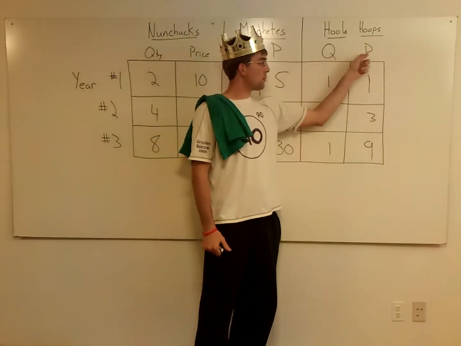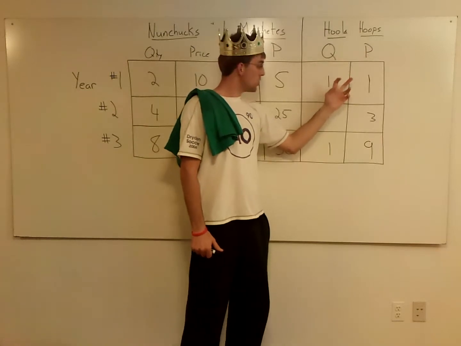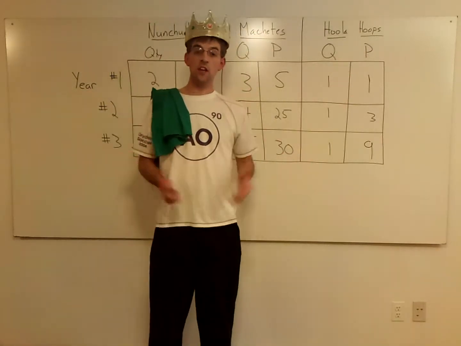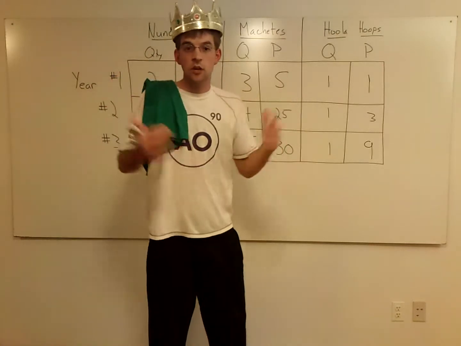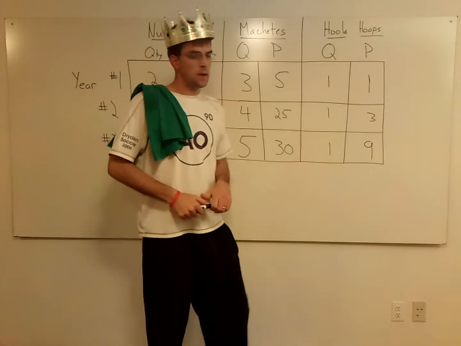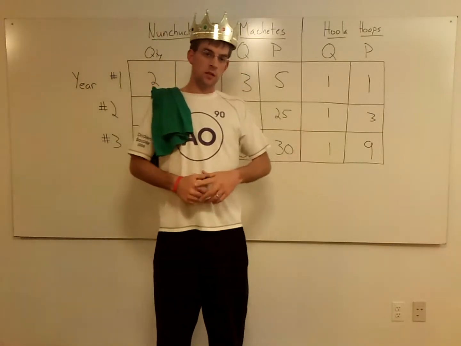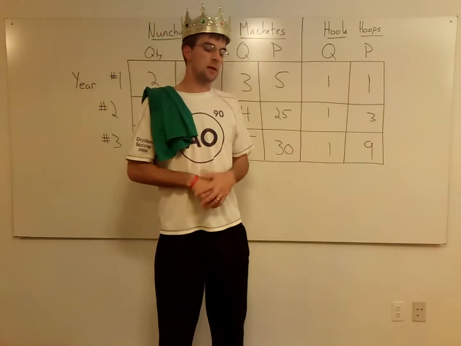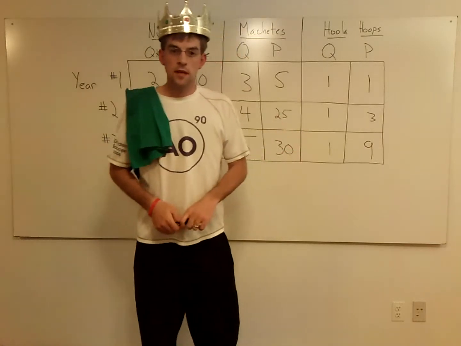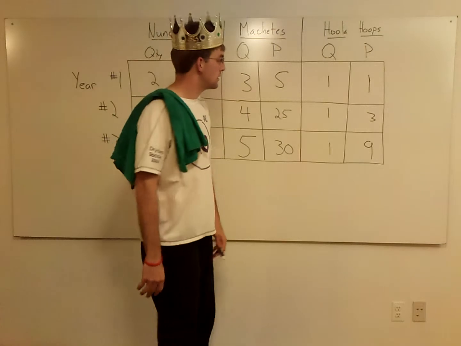So let's just worry about the hula hoops. So I have the quantities and the prices for each year, 1, 2, 3. And the thing that's going to happen on the AP test is they're going to ask you to calculate nominal GDP and real GDP. And the big difference between the two is that nominal GDP is measured in what we call current prices, whereas real GDP is measured in constant prices.